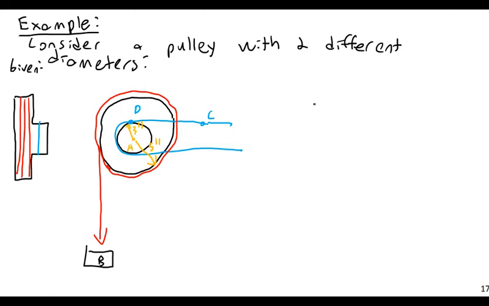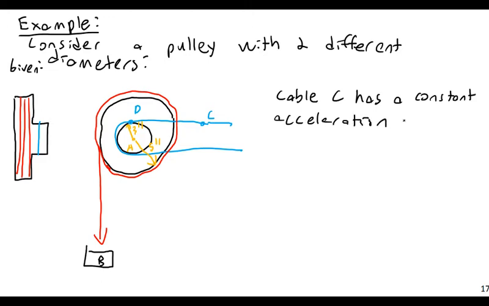And we also have a cable C that has a constant acceleration of 9 inches per second squared.